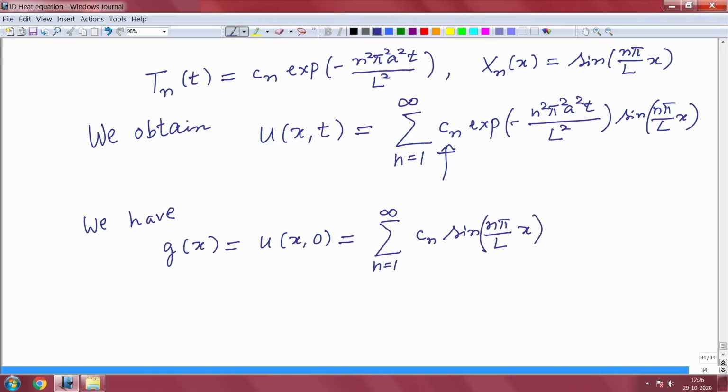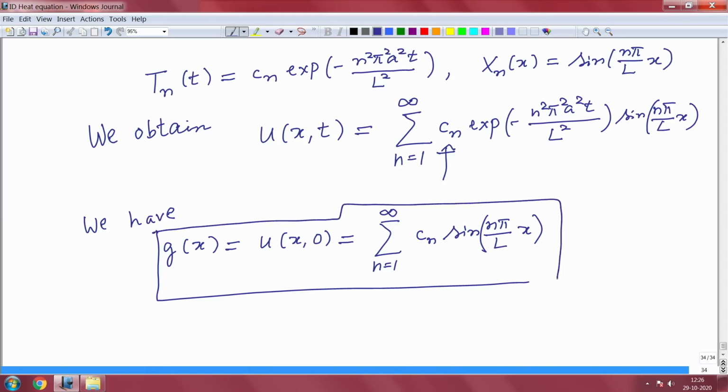So, this means the requirement on g is that it is expressed as a Fourier sine series which is convergent at all the points in that interval 0 to L, and this is provided by the Dirichlet theorem in the theory of Fourier series.